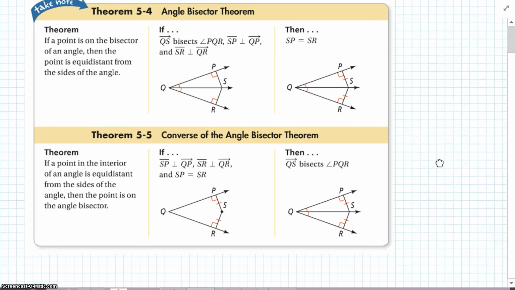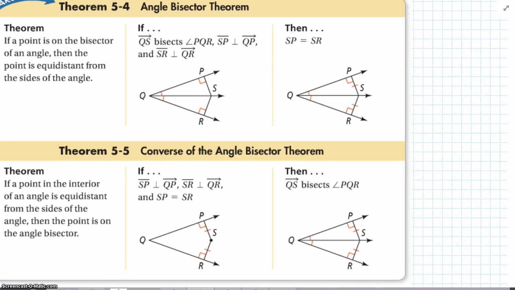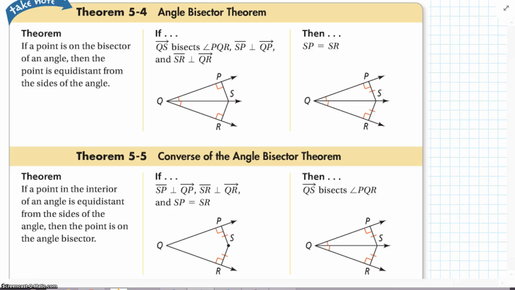So here's our angle bisector theorem. If a point is on the bisector of an angle, then the point is equidistant from the sides of the angle. If QS bisects angle PQR, SP and QP are perpendicular, and SR is perpendicular to QR, then we can say segment SP is congruent, or equal, to SR. So the converse is this.